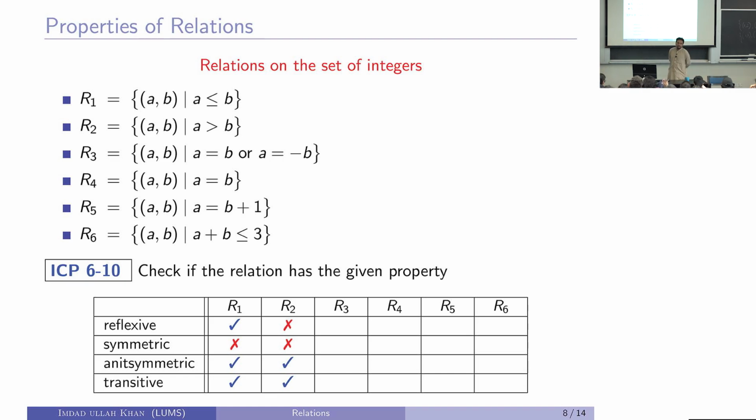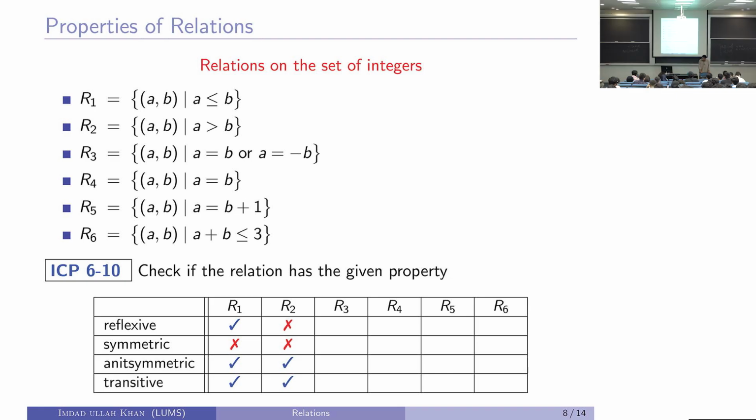It would require that if A plus B is less than or equal to 3, then B plus A is strictly greater than 3, unless they are equal. That's what it says. So it's not antisymmetric.